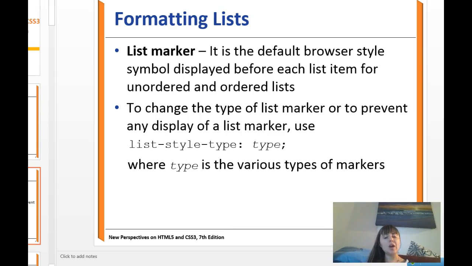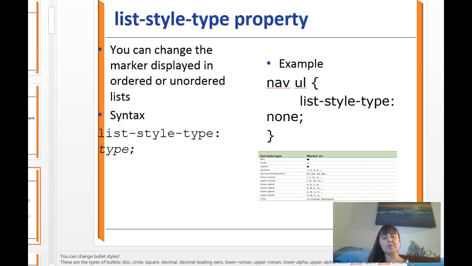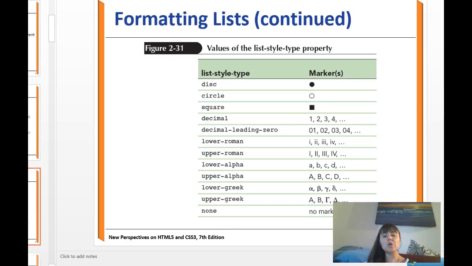To change the type of list markers or to prevent any display of a list marker, we can use the syntax list-style-type and then the type. The type could vary, and we have various types of list markers: disk, circle, square, decimal, and none, for instance.